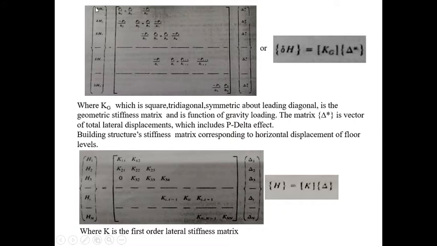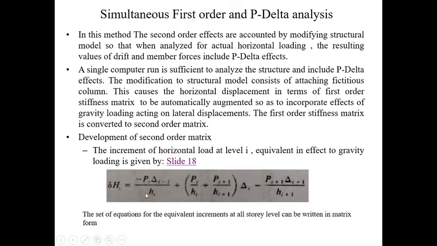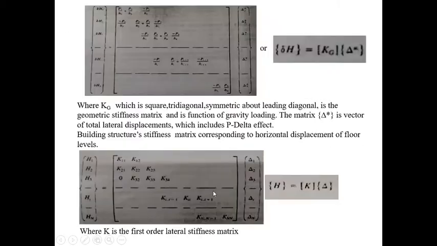So this is a matrix wherein the increment in the horizontal load is there, that is delta H1, delta H2, delta H3 and so on up to delta I, then again up to delta S. Then this is equal to, arranging the P1 H1 terms in one matrix here, so it is P1 H1 plus P2 H2 minus P2 H2.